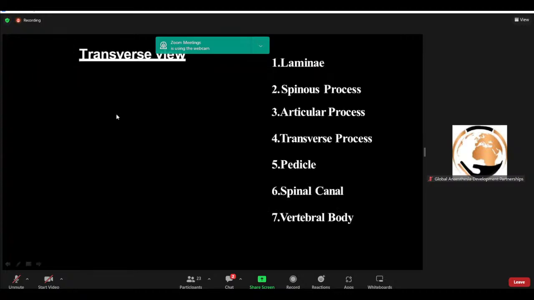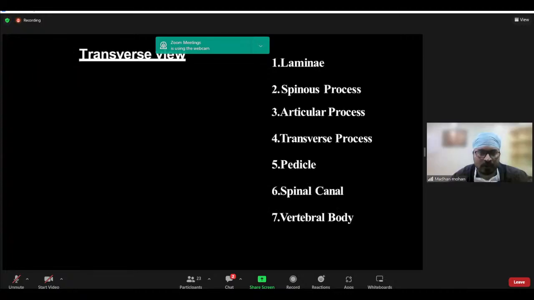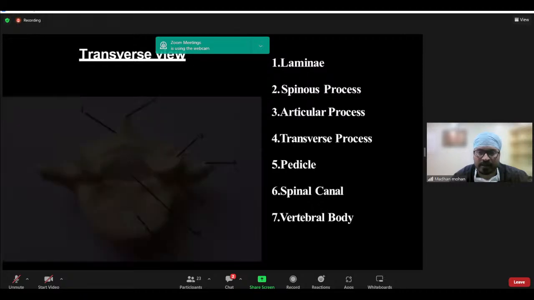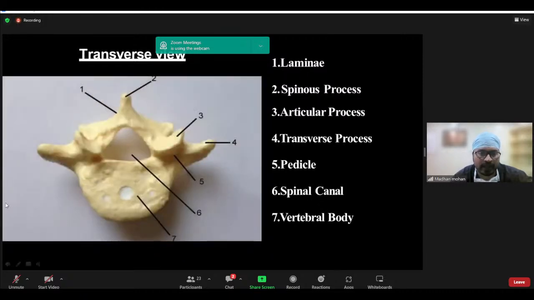Right. So let me tell once again about the various bony prominences. Here in the anterior side of the vertebra, we have the vertebral body, and posteriorly we have the posterior arch. The posterior arch comprises the pedicle anteriorly and the lamina posteriorly. These laminae unite in the center, forming the spinous process, and the transverse process emerges laterally, where the pedicle is ending and the lamina is forming.